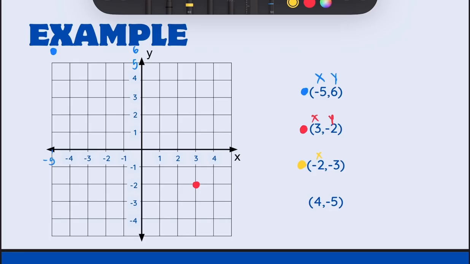My x is -2, which is right here, and my y is -3. So I'm going to go from -2 all the way down until -3, which is right here. And then finally, 4, -5. Along the x-axis, 4 is right here, and -5 goes all the way down here. And that's it.